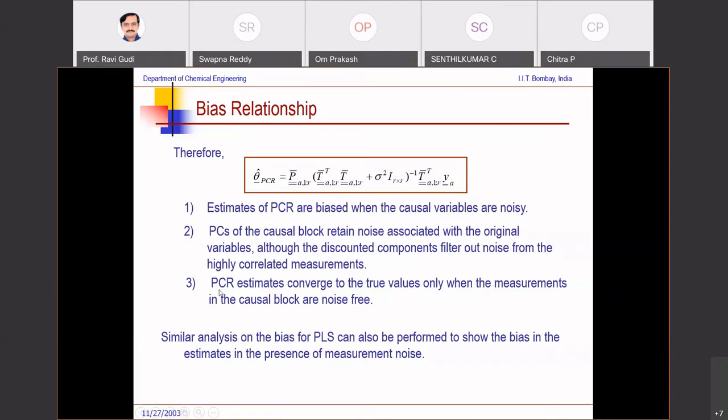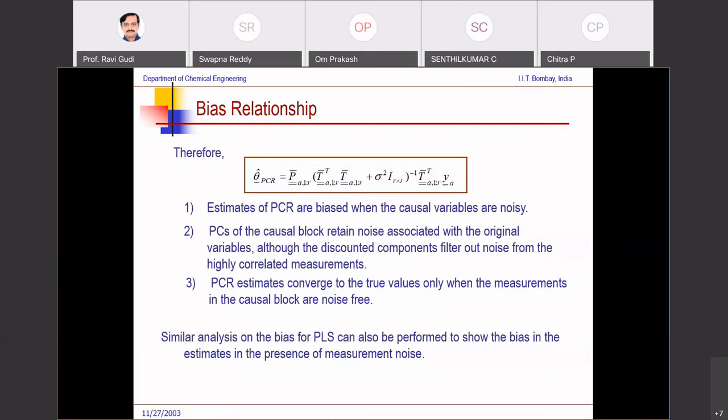Typically when I do this analysis, I can say that PCR converges to the true values when I have a clean X. And so, the question that Swapna Reddy asked about filtering: if I am somehow able to do the filtering of the X block, then I can get an estimate that is close to the true value.